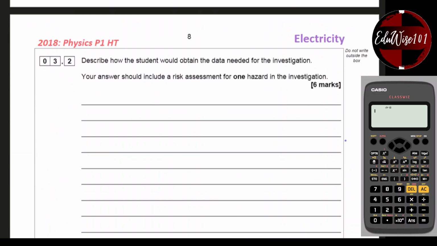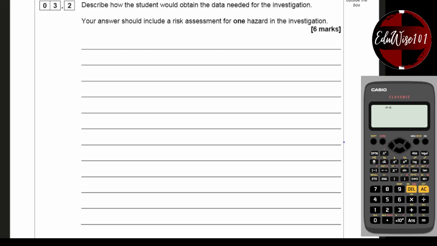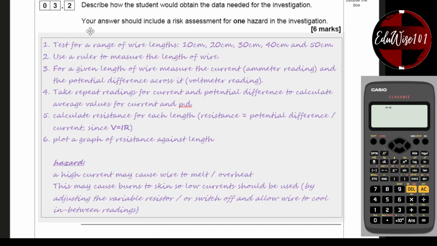So let's have a look at answering the question. Here's a typical answer. Test for a range of wire lengths: 10, 20, 30, 40 and 50. Now I mentioned up to 50. You can increase it. At least 5 readings is more than enough.